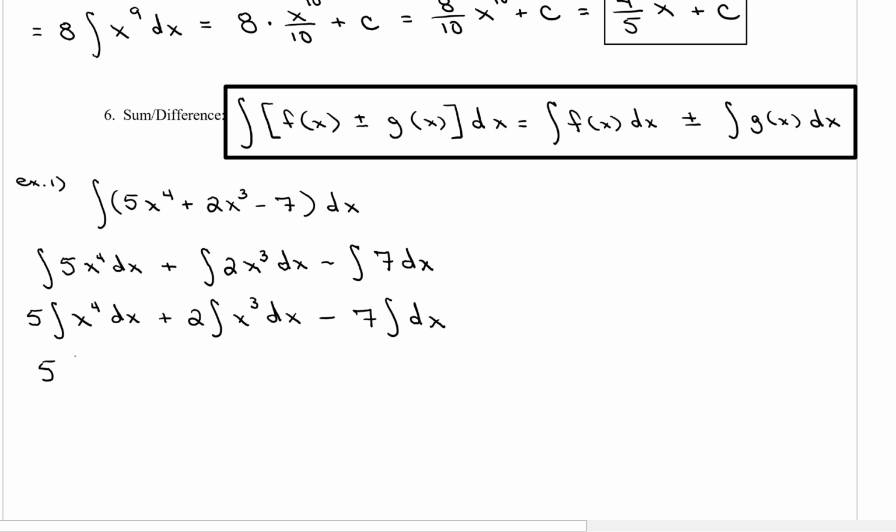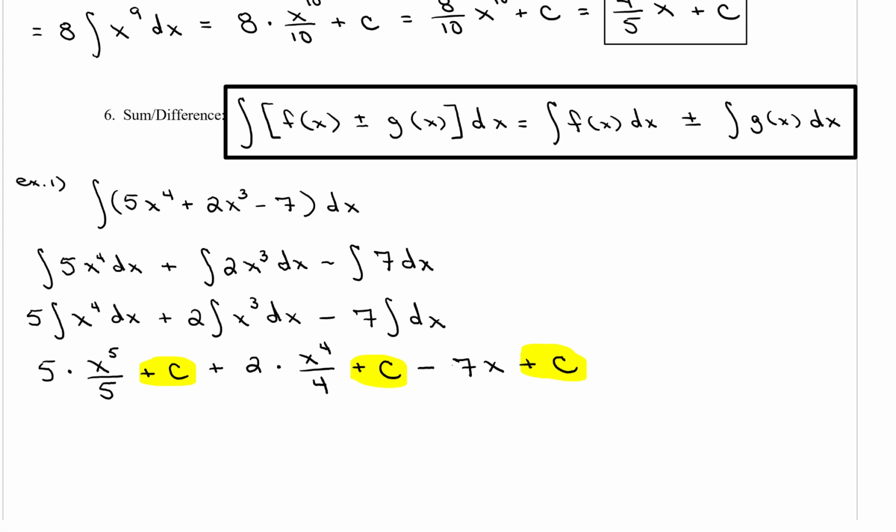So I will end up here with, after I do my integration, 5 times x to the 5th divided by 5 plus c plus 2 times x raised to the 4th divided by 4 plus c minus 7 times x plus c. Now I'm going to highlight the 3 plus c's that I have here because in reality I don't need to write plus c 3 times.